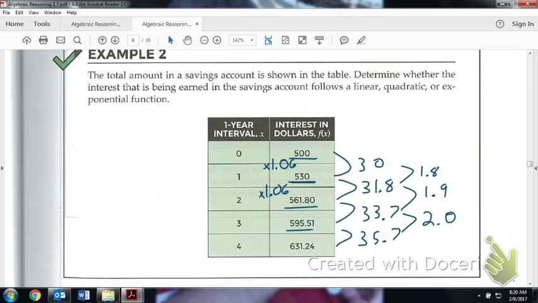And keep on going. 595.51 divided by the previous one was 1.06. And wow, you found a pattern. Times 1.06. Okay? Because the ratio is the same, since we're dividing, we're looking for the ratio.